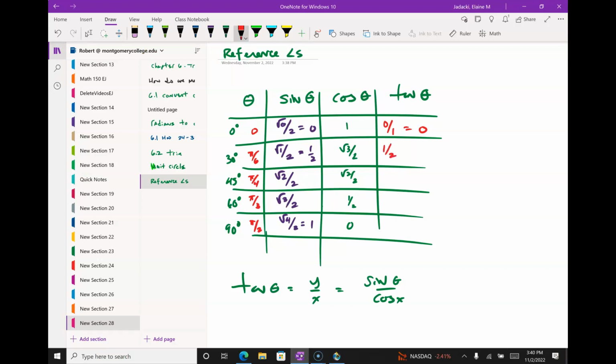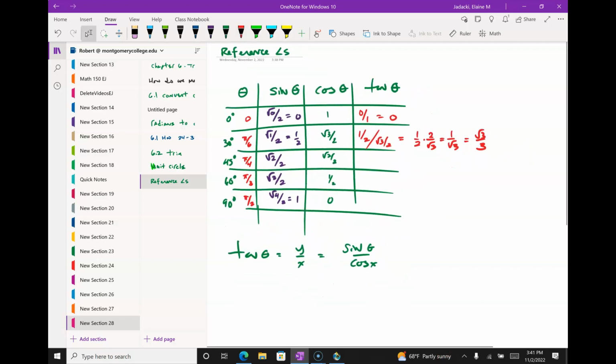What's 1/2 divided by square root of 3 over 2? That's 1/2 times 2 over square root of 3, or 1 over square root of 3, which is the same as rad 3 over 3. 1 over square root of 3 is 1 over square root of 3 times 1.